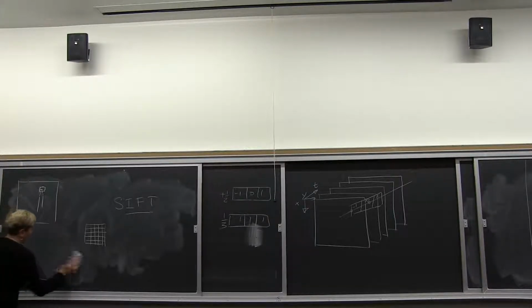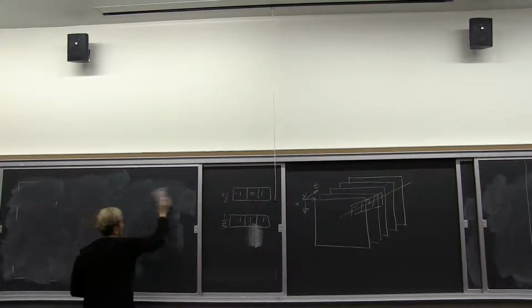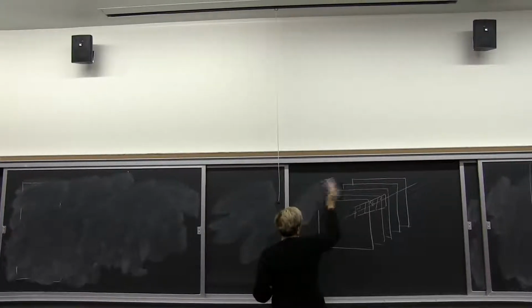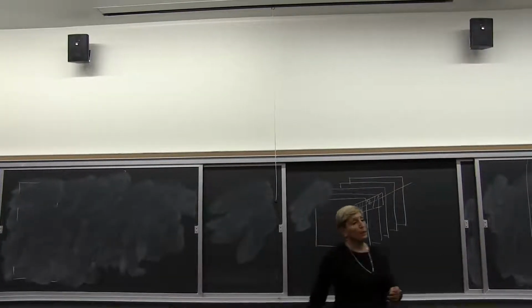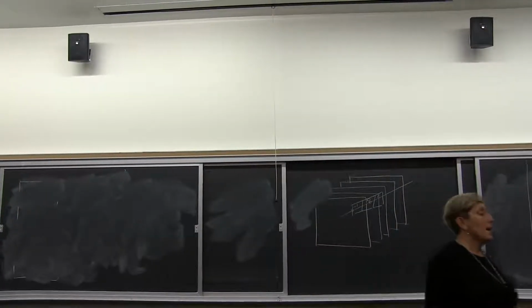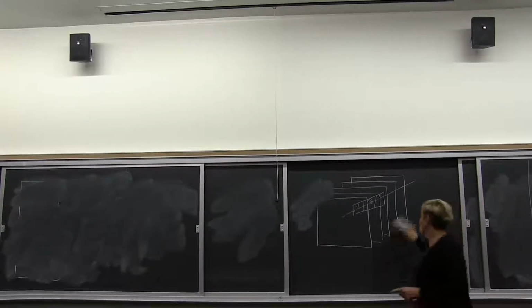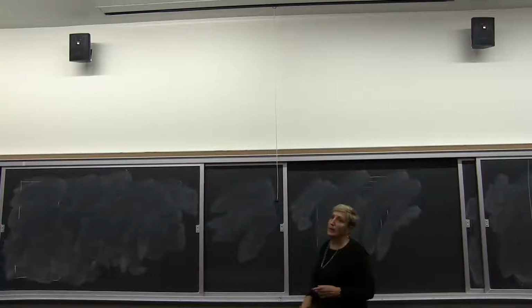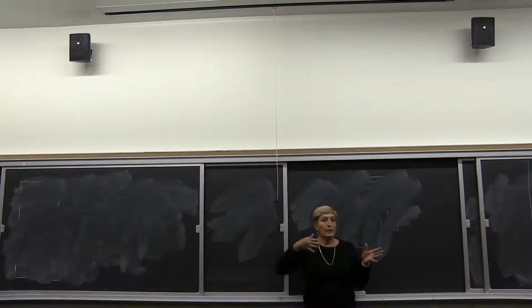Now, let me introduce the next topic. No, that's an important thing. The nice thing about SIFT is that it's not only scale invariant, but it's also rotation invariant, to a certain extent.